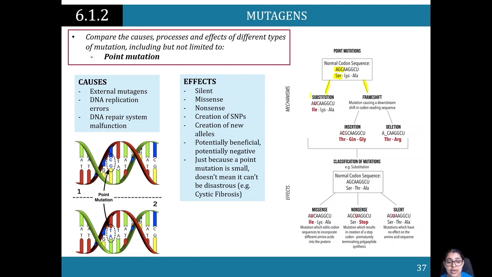In substitution mutations, as you can tell by the name itself, one of the nucleotides substitutes the other. So instead of the G here, the guanine, there has been a substitution, and a uracil has been inserted. Remember, translation is happening now, but during transcription there's been that change from guanine to uracil.